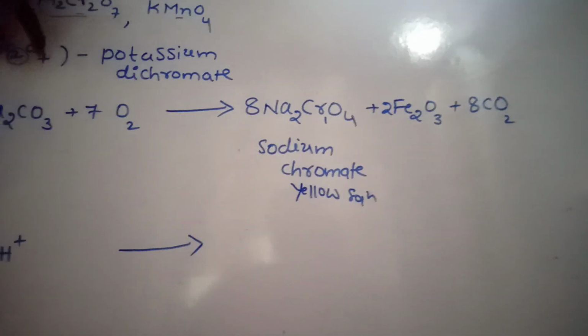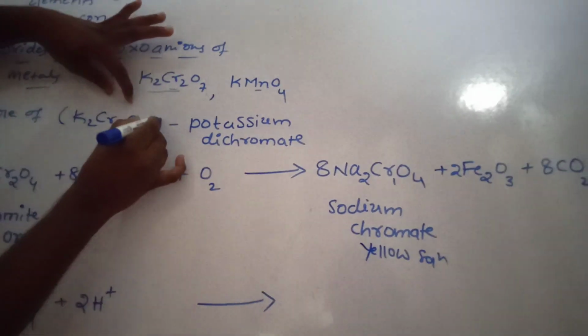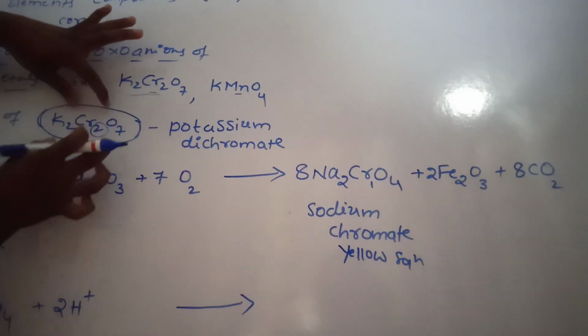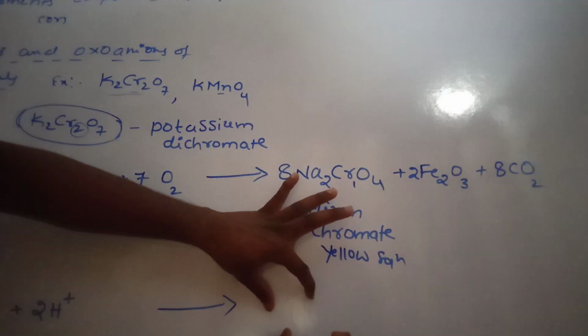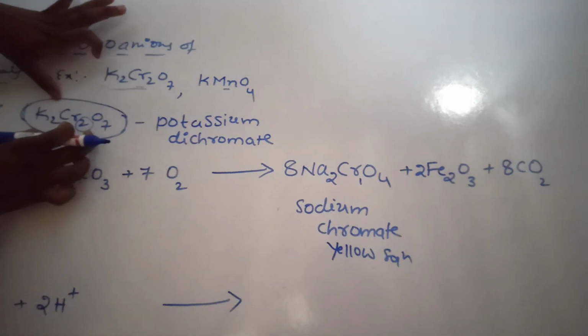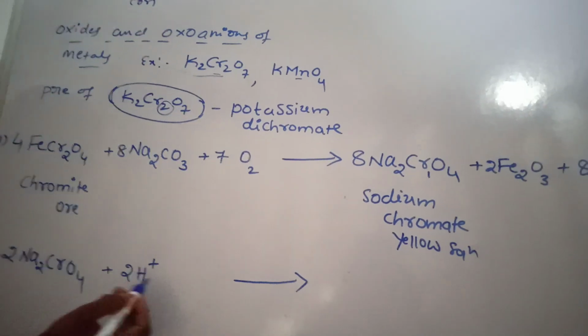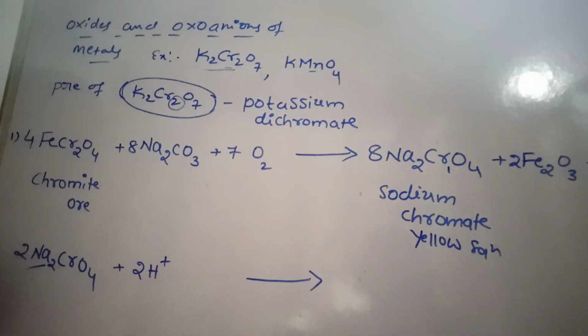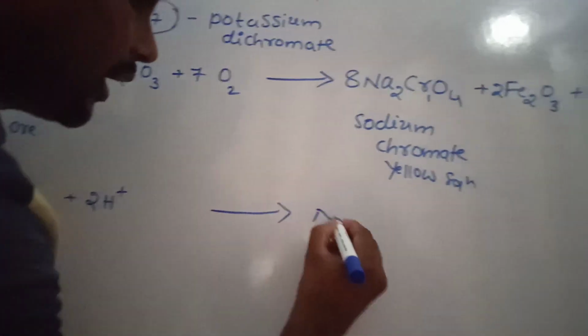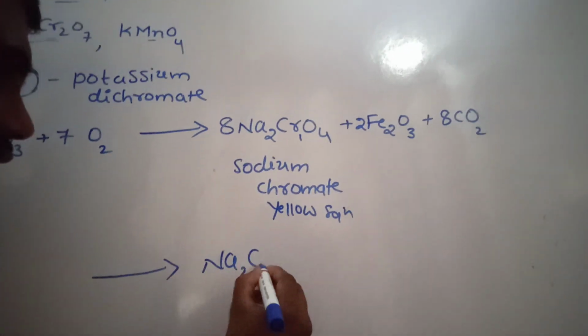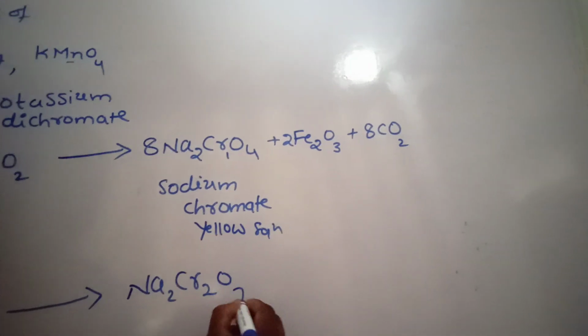See here our product K2Cr2O7. Same as it is, you will write this compound. But in our step no potassium, sodium will be there. So you will write Na2Cr2O7.